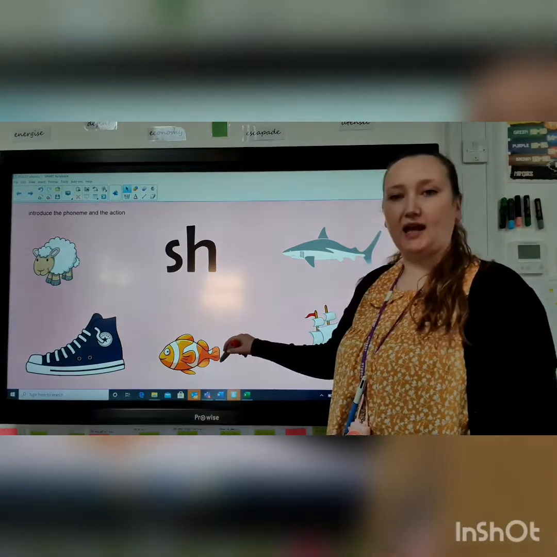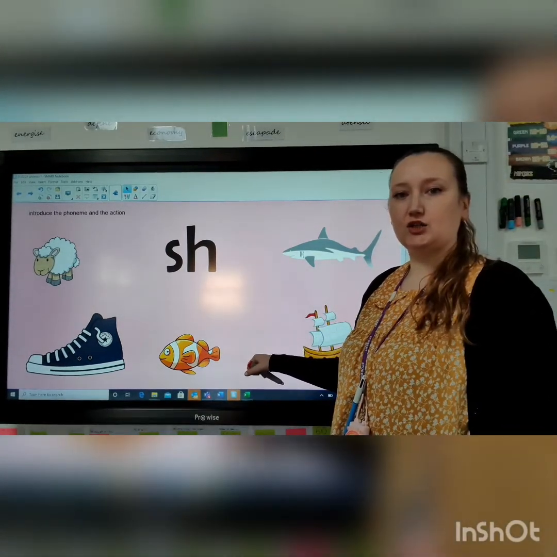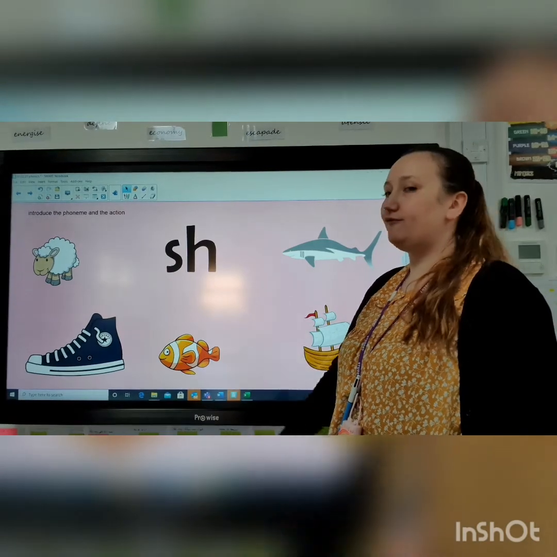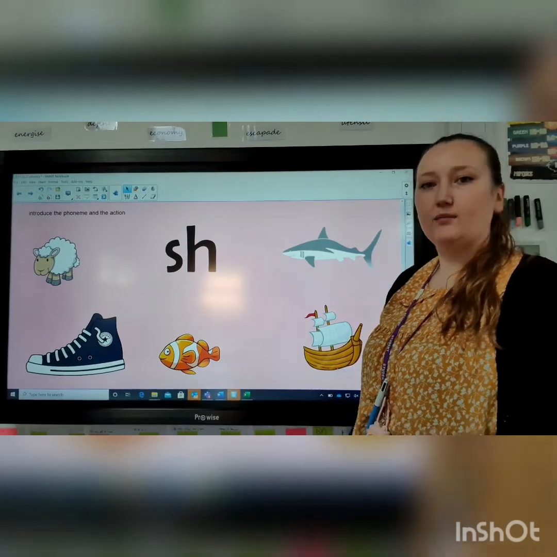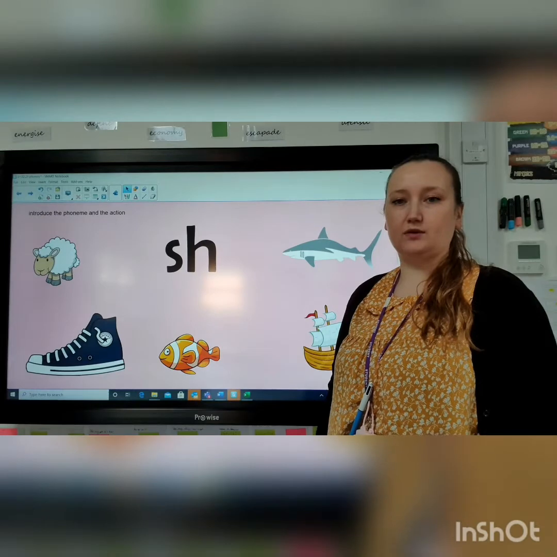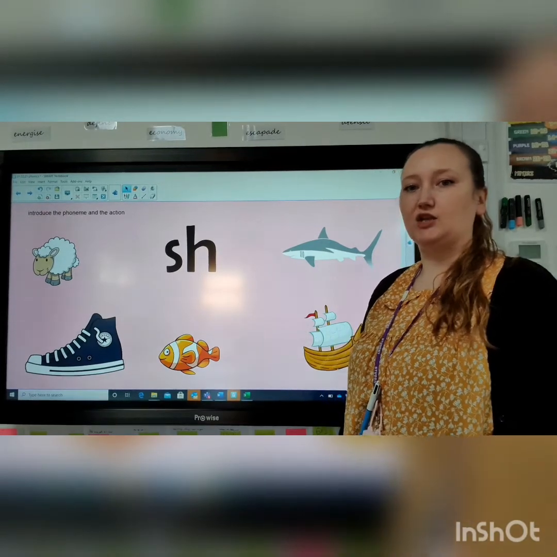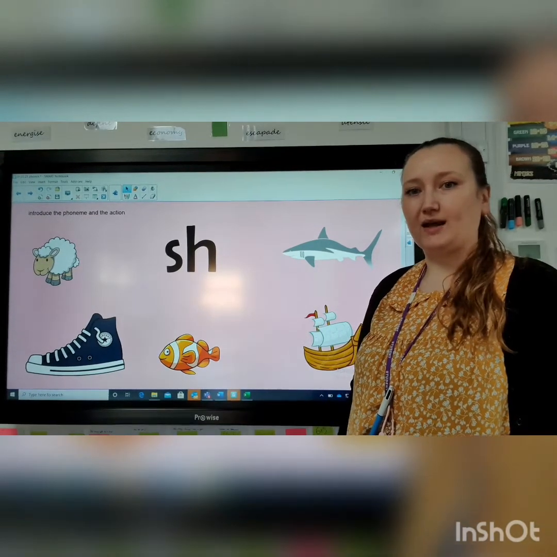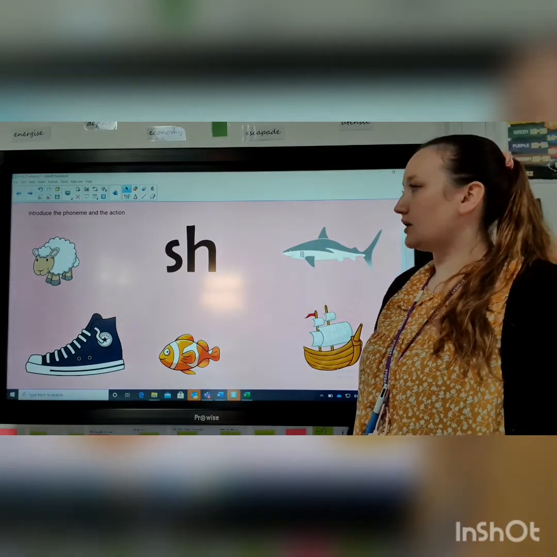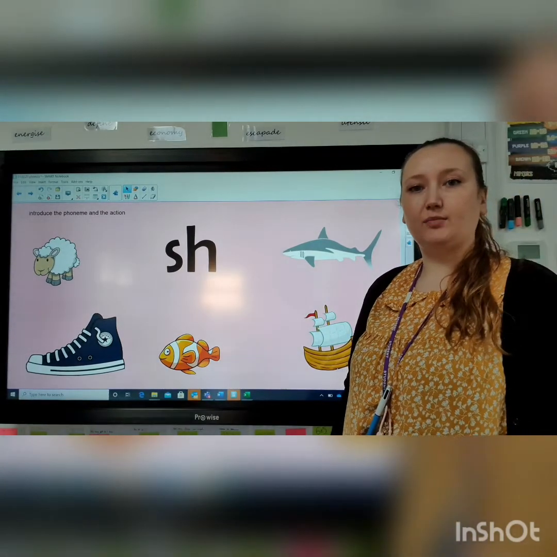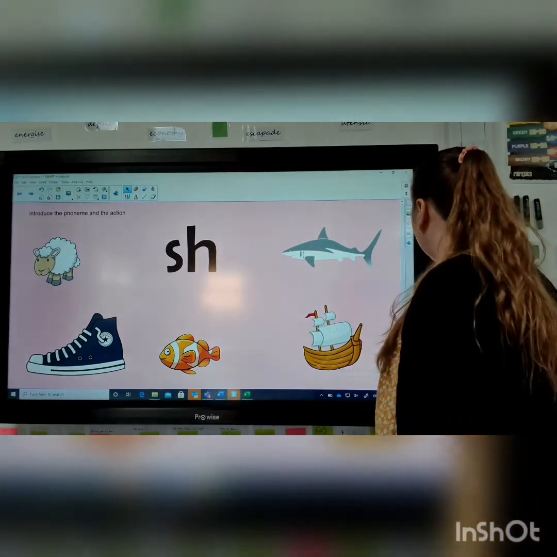And here we have a fish. So think about the word fish. What's different about it? Because it doesn't begin with the phoneme sh, does it? Fish. It's got that phoneme at the end, fish. So you can have the phoneme sh at the beginning of a word or at the end of a word.